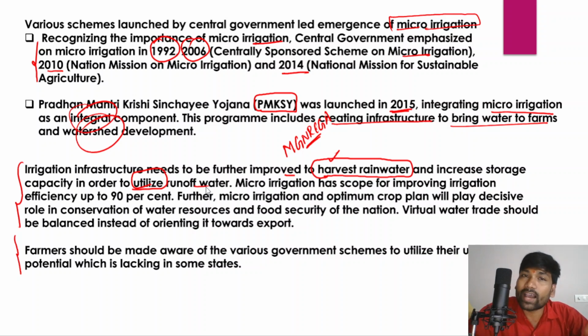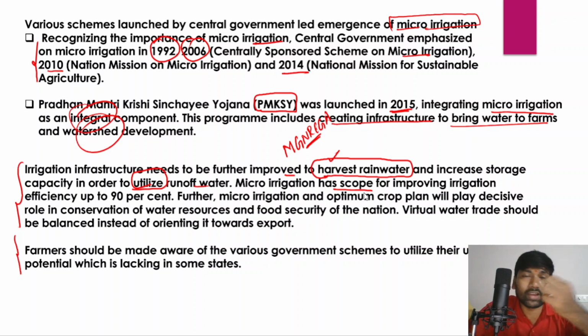But if we increase the storage capacity of the existing canals, reservoirs, lakes, dams, we could reduce the wasteful flows into the sea, and that water can be utilized in a much more efficient and effective manner.